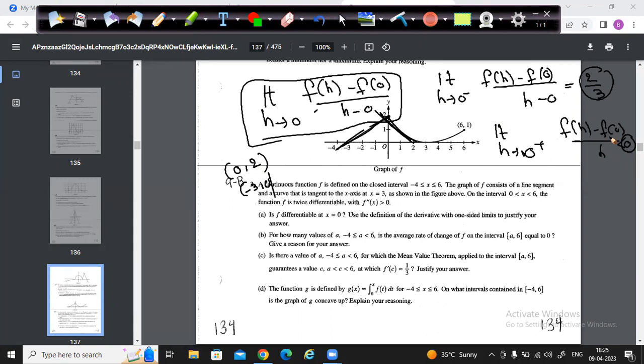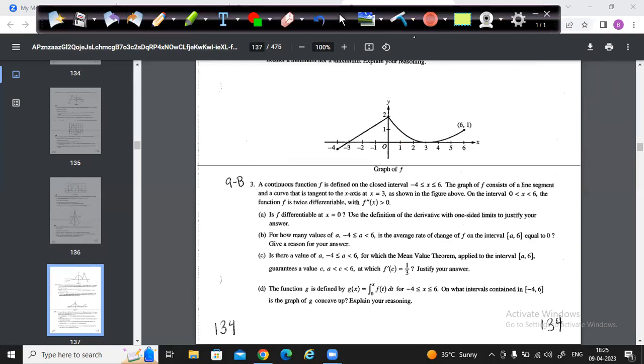Okay. So next question, see the next part. For how many values of a from minus 4 to 6 is the average rate of change of f in the interval equal to 0? Give reason for your answer. So first find the average rate of change from minus 4 to 6.